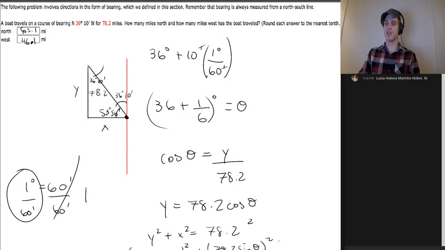And so we could factor out that 78.2 squared. Just bring it up here. We'll get 78.2 squared times cosine squared theta plus sine squared theta. And of course, this is equal to 1, and 78.2 squared is equal to 78.2 squared. So it works out. That's just the Pythagorean identity. So there's your answer. We did a check.